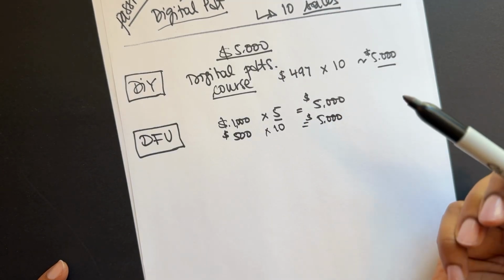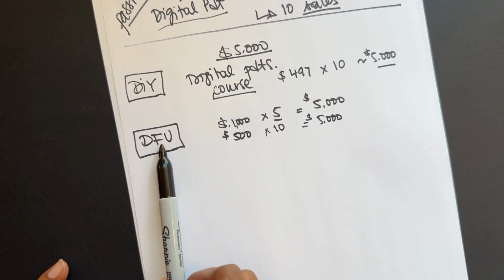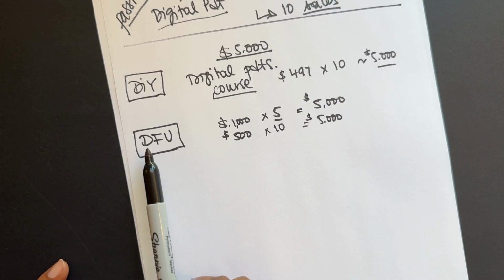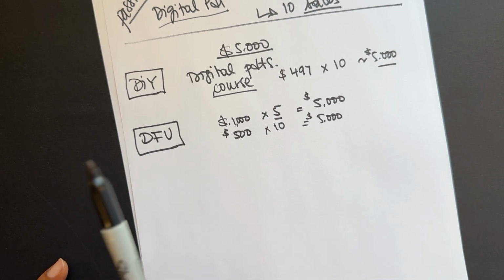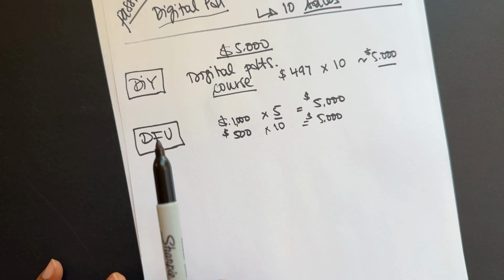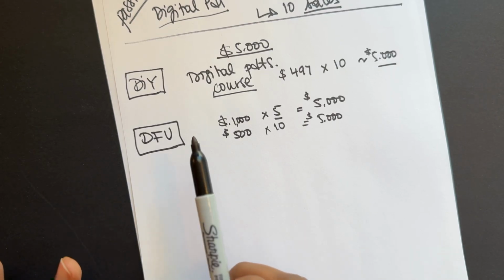Okay, so when you're looking at this, for people who do done for you, in order for you not to burn out, I want you to think about something that you can do really fast and that comes really, really easy for you. For example, if you build websites on Canva, right? So you have a template that you follow for all your clients or for all your projects.